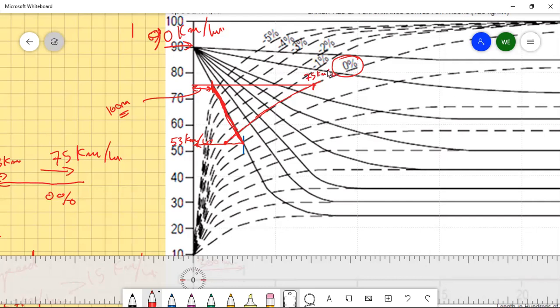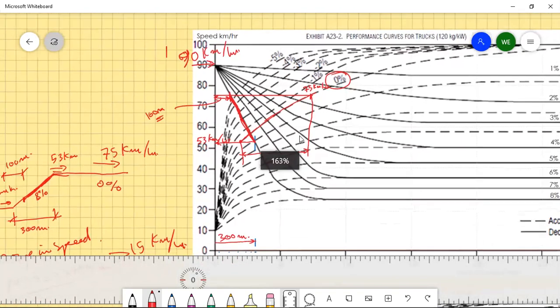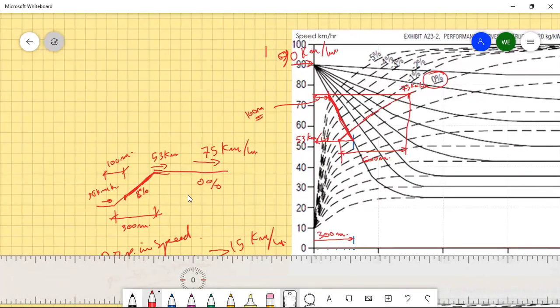So how much is this distance between these two? This looks like 600 meters.